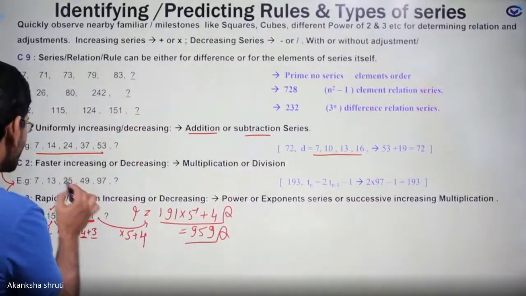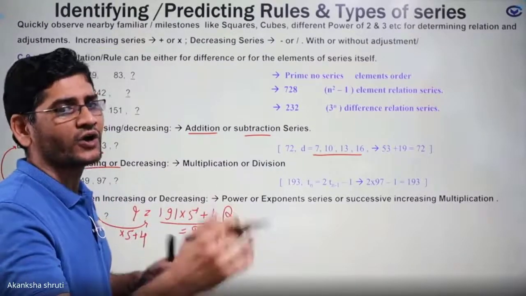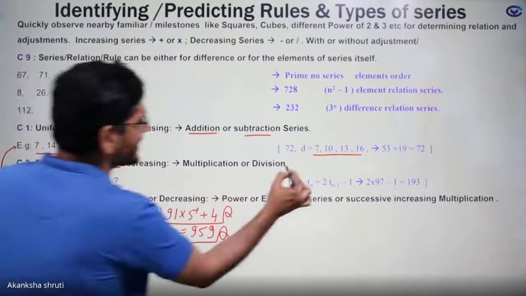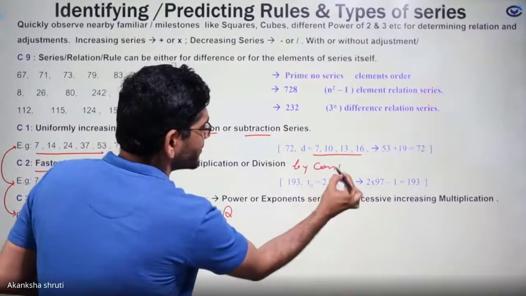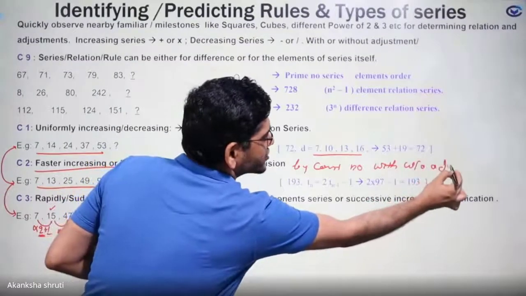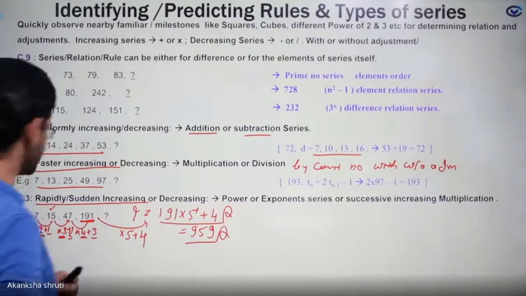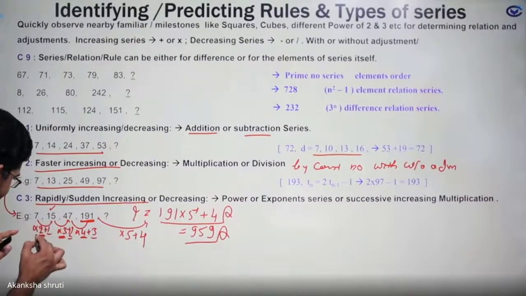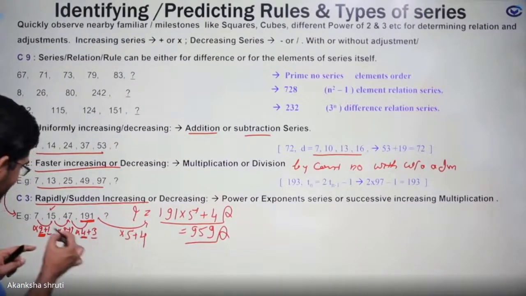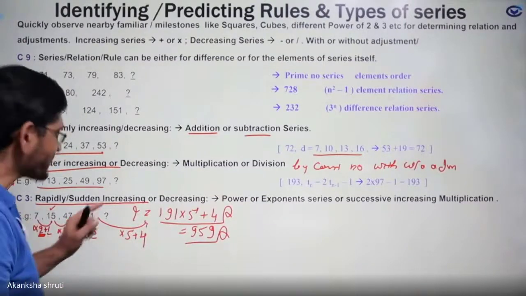Students, if there is faster variation, where almost every term is doubled or tripled, that variation means it is just multiplication by a constant number, with or without adjustment. But if there is a rapid or sudden increase or decrease, in that case there will be multiplication, but the multiplication number will be increasing. Also, the adjustment, the addition or subtraction, may also increase. So this way we have to understand.